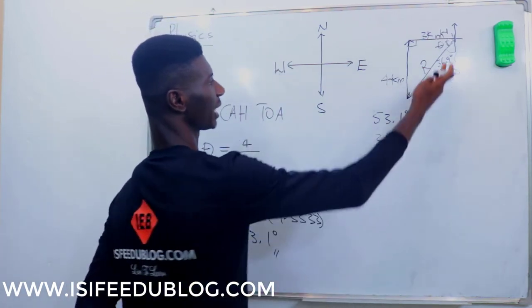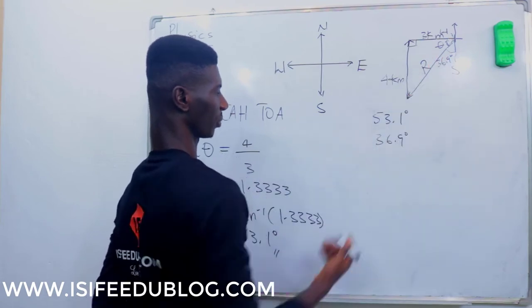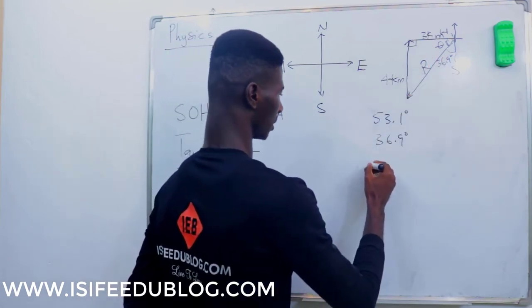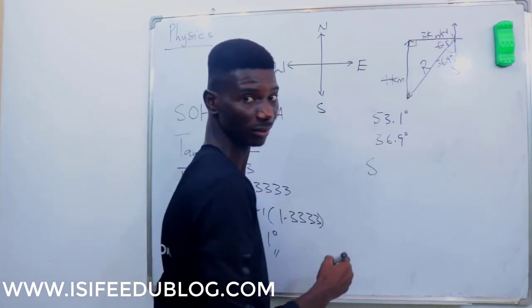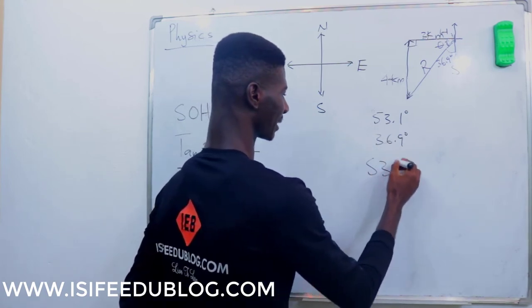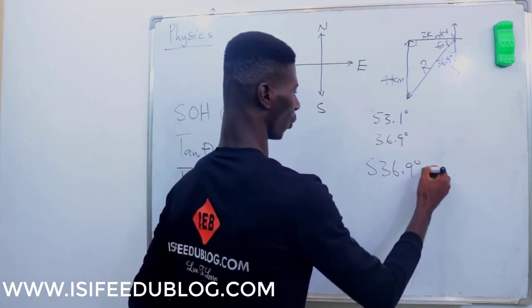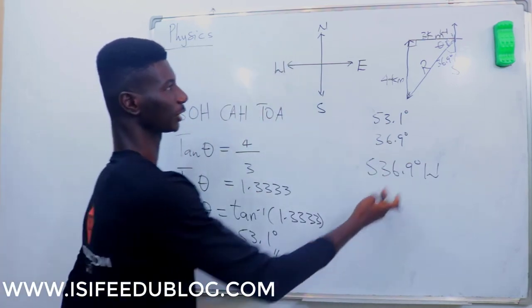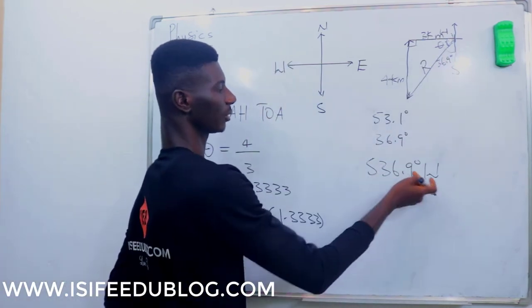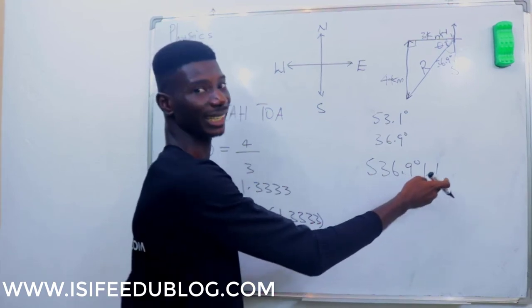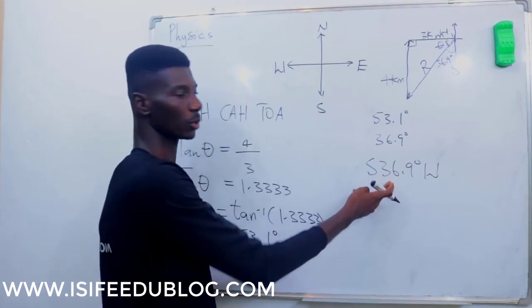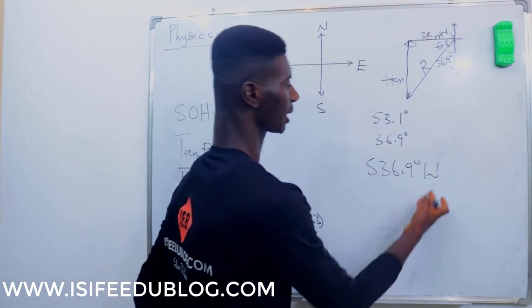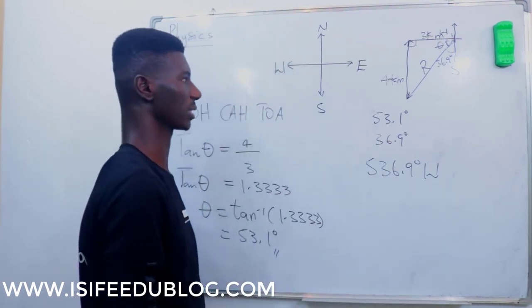So the direction of this is south 36.9 degrees west. If it is to the nearest whole number, it becomes south 37 degrees west.